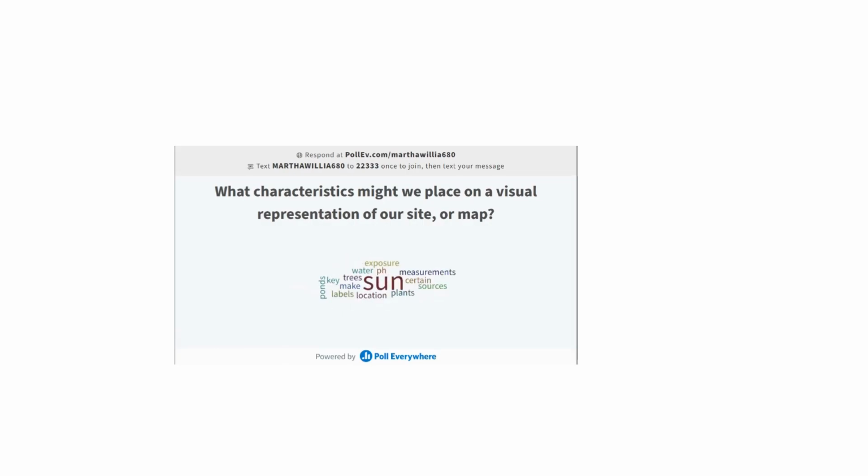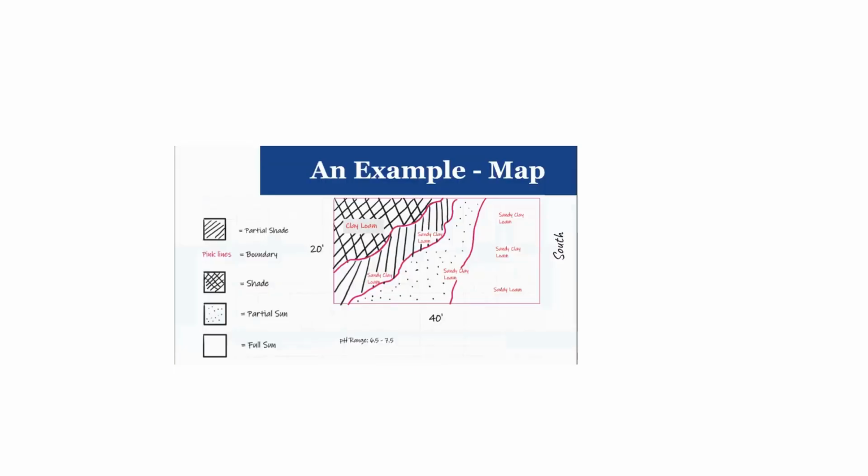Water. Trees. Nutrients. Shade versus sun. Yeah, so I'm seeing a lot of good examples of things you put on there.